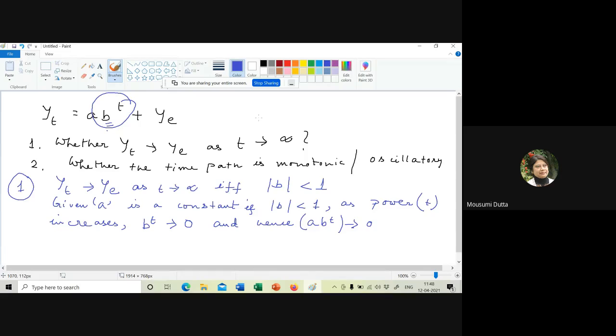If mod b is less than 1, as t tends to infinity, a b to the power t, the entire first term in the right hand side, moves towards 0, and as a result yt moves towards ye.